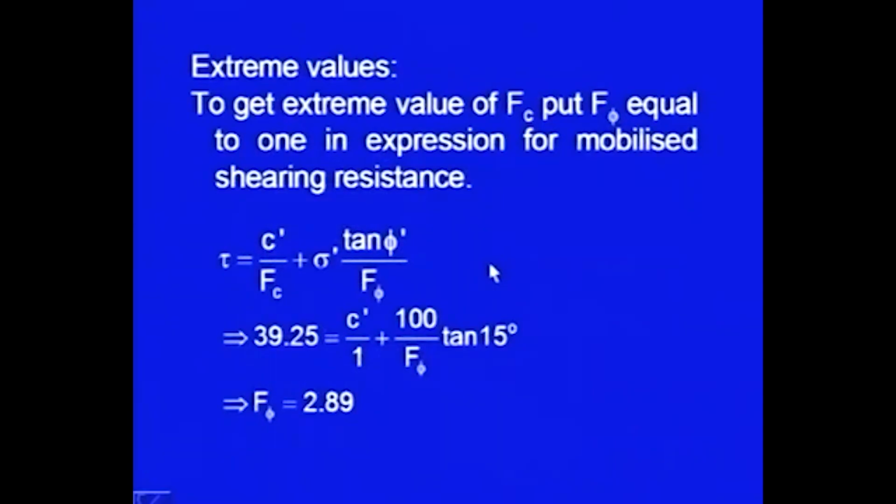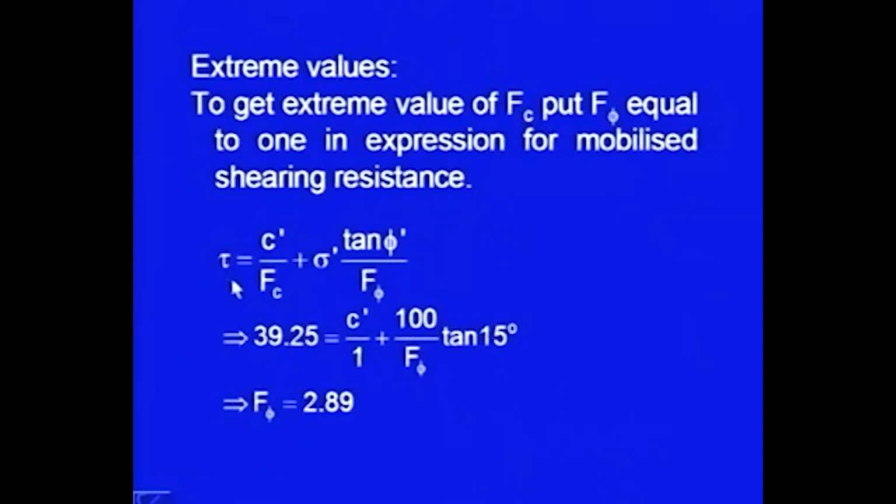Now, in the second part of the question, it is required that we get the extreme values of Fc and F phi for which the slope is stable. In fact, you can work out a large, or I should say infinite, number of combinations of Fc and F phi for which the slope will remain stable.